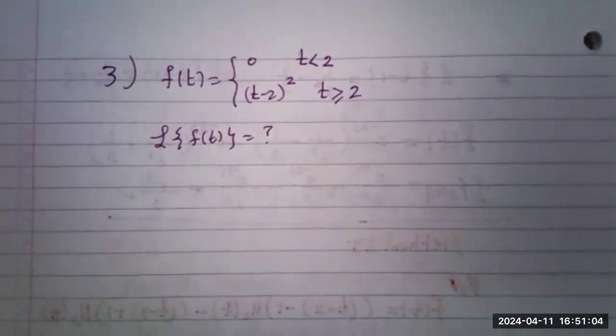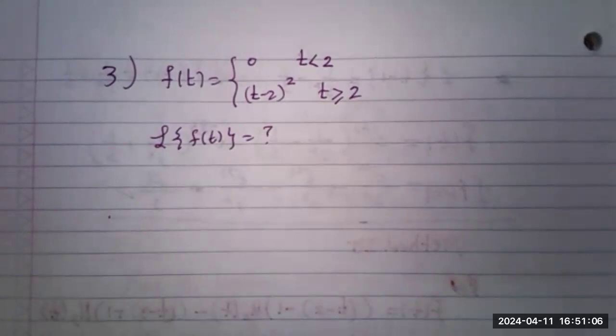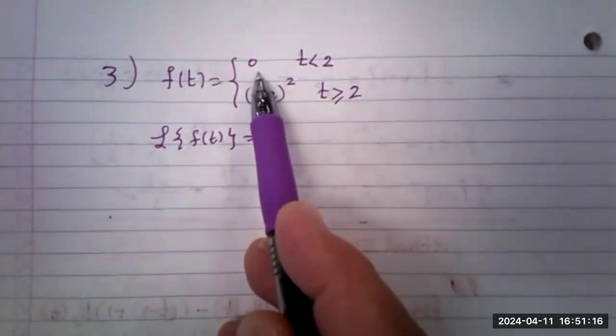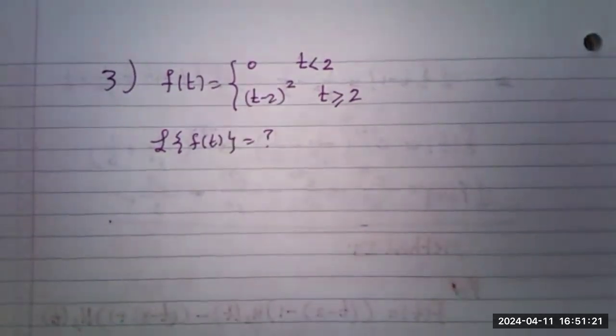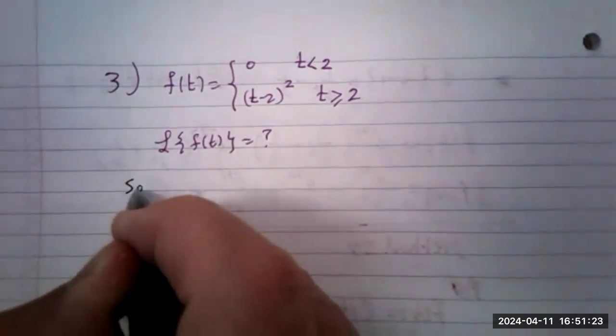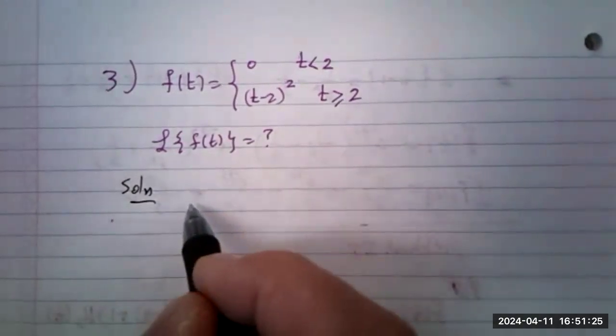In order to use the unit step function, you have to change the function to the unit step function. Let's see how we're going to change this one. Remember, the definition of the unit step function is 0, 1. You already got the 0 here, so you have to make this one 1. Any suggestion? I'm going to make this one 1.